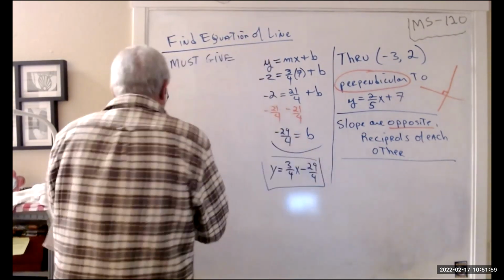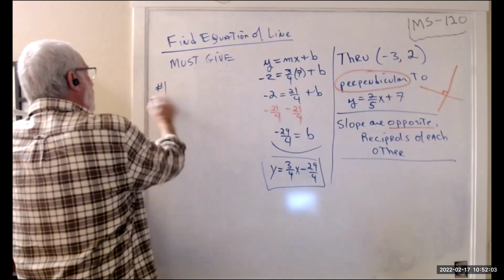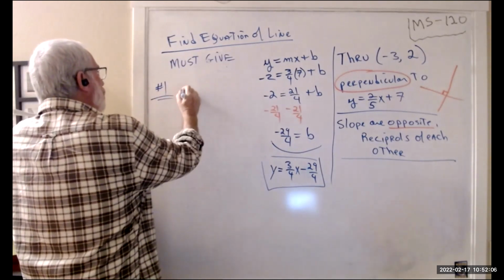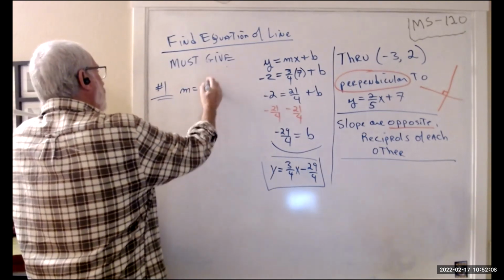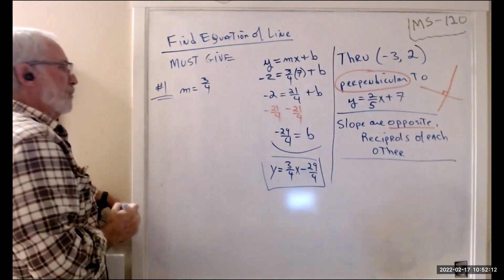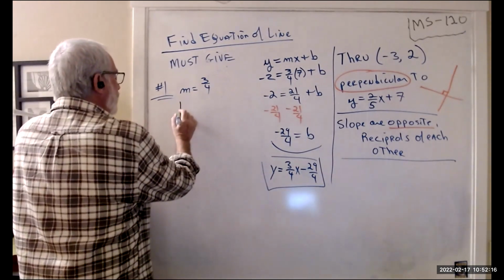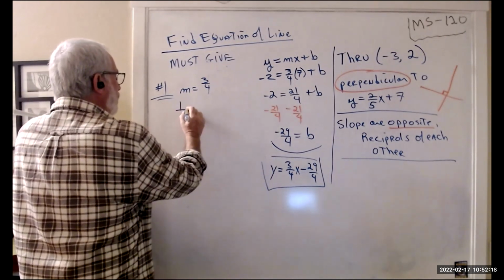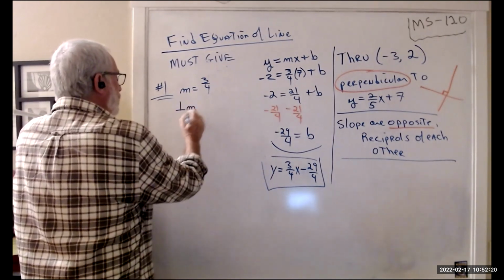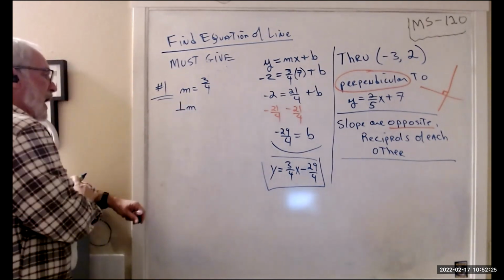Suppose I have a line number 1, and its slope is 3/4. Then it's perpendicular, and this is the symbol we write for perpendicular. You don't need to know it, but we use it all the time. If I use it, ask me.